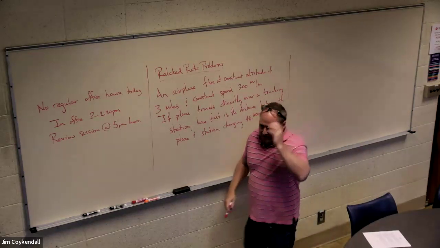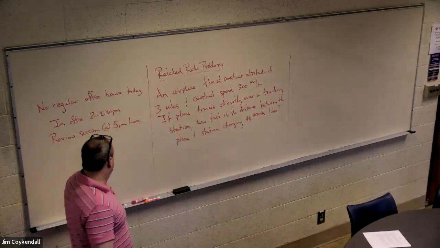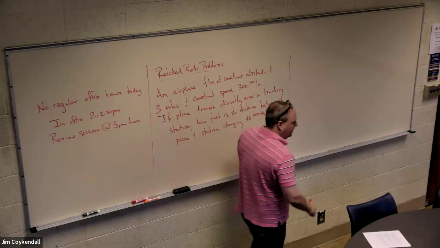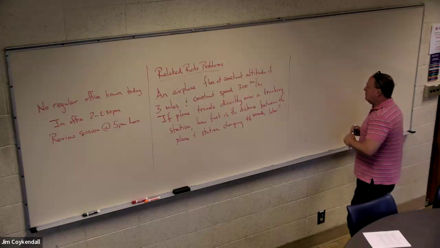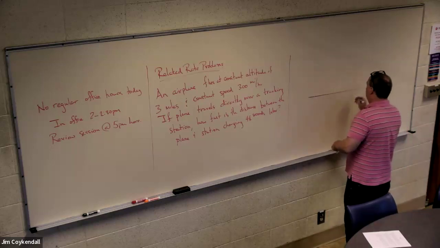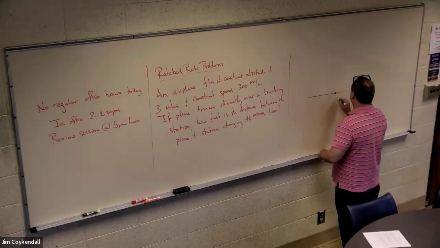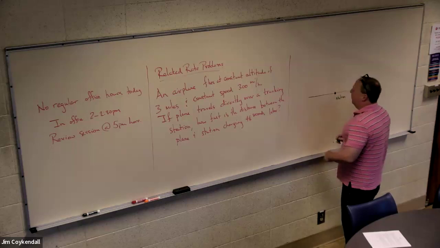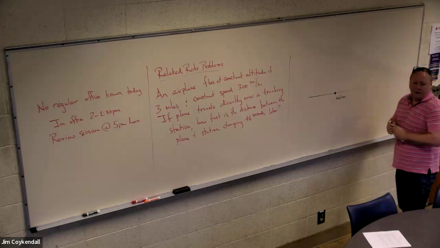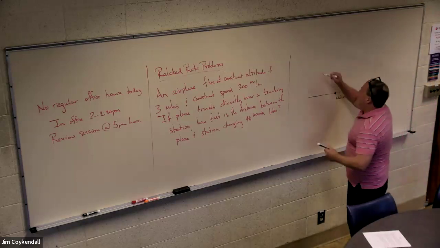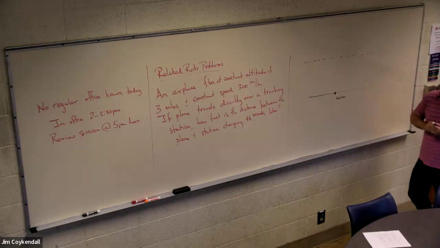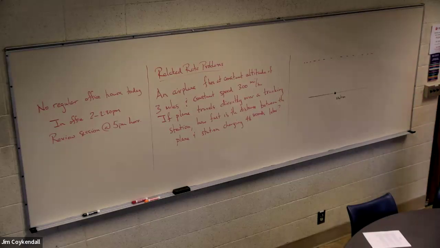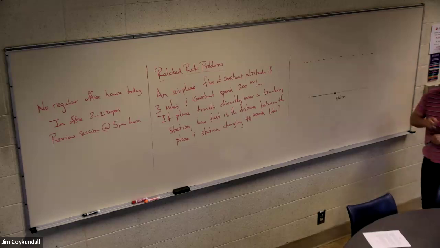First thing to do with any of these things is you draw a picture, and this is not so that you can win an art contest. It's actually a tool to help you out, right? So what do we know? Here's the ground. Here's the tracking station. The plane flies at a constant altitude of 3 miles. Here goes the plane. You have to put a label on it.